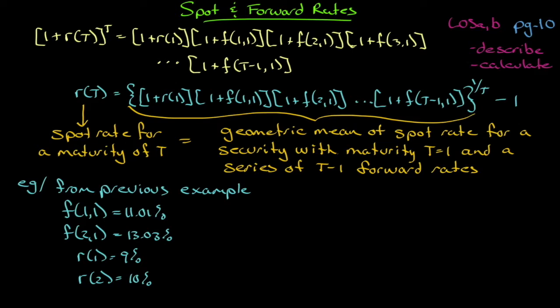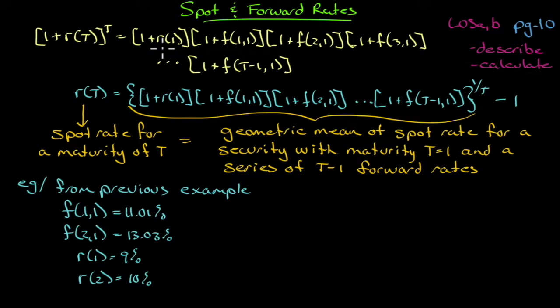So let's look at another relationship between the spot rate for a particular period of time and the forward rates. And the curriculum gives you this big mess of stuff in the middle of a page. And all this is saying is that the spot rate for some future period of time can be conceived of as a series of forward rates multiplied together.